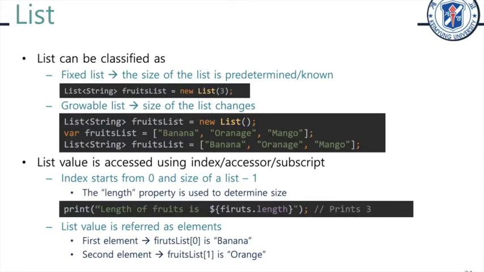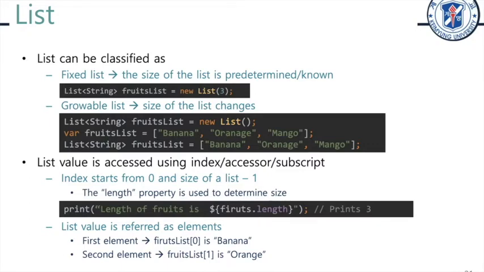But later on in this course, when we talk about iterations and looping, you'll understand why you have to know the length of a list or a set, as we'll discuss later on. So in this case, fruits has 3 elements.